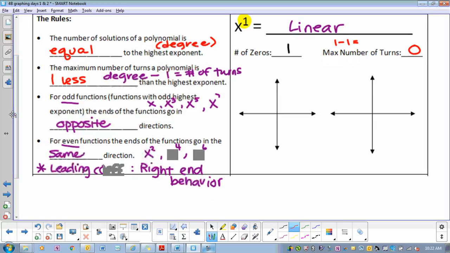So with these examples, there are 2 graphs because we're going to do one where it has a positive leading coefficient and one where there's a negative, okay? So on the left-hand side, I'm going to do positive. On the right-hand side, I'm going to do negative, okay? That means it's basically like y equals x dot dot dot, okay?